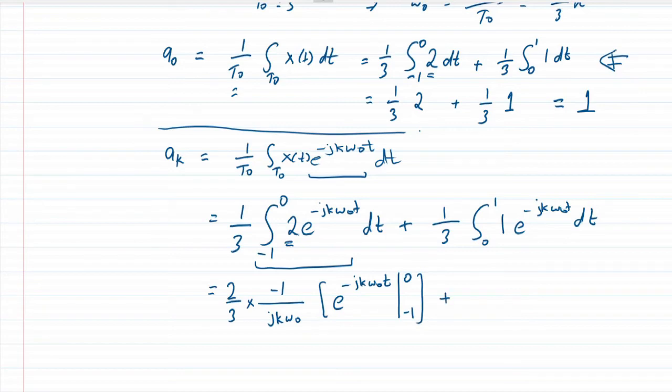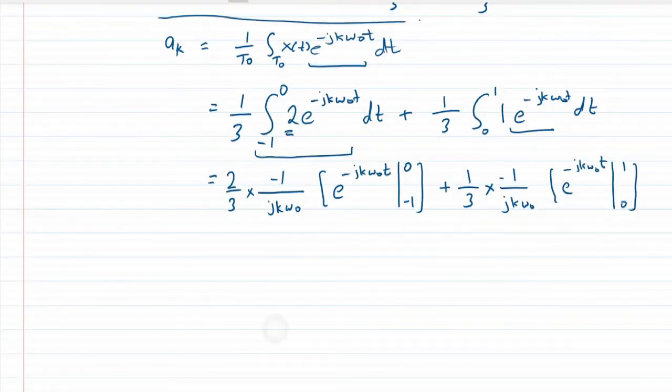Similarly, on the right side we have 1 by 3 times the coefficients of the argument of the exponential from the integration. So we have -1 over j k omega naught, and then we have e to the power minus j k omega naught t, where t is now from 0 to 1.